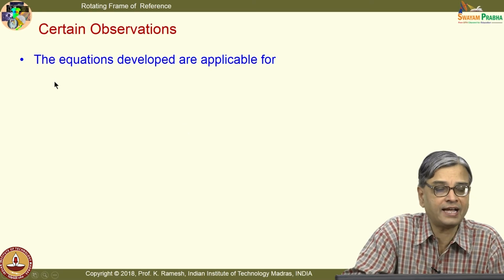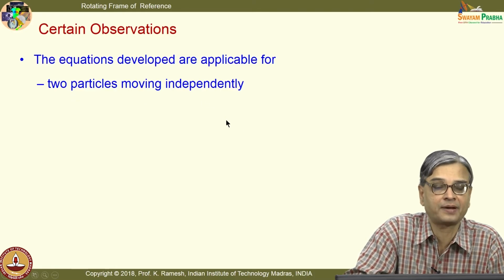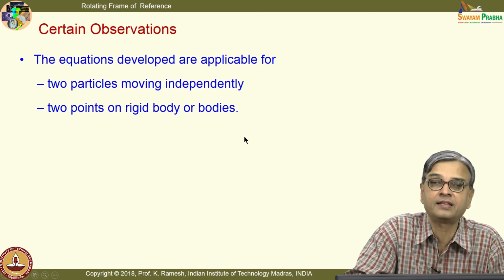See, if you look at the way they have developed the equations, they are applicable for two particles moving independently. I can also do it for particle analysis. Two points on rigid body or bodies, they can be in the same body or they can be in different bodies.